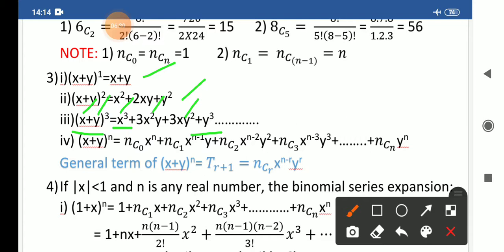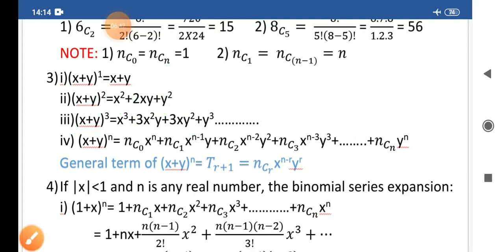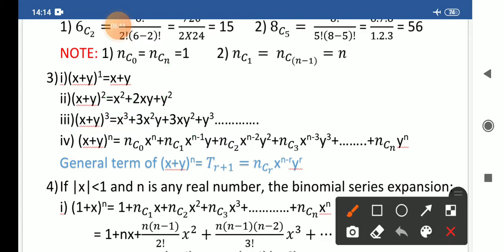What do you say about the power of y? Here there is y power 0, y power 1, y square, y cube. That means the power of y is increasing. But in each term, the sum of the powers of x and y is equal to the index. Here in x square y, the y means y power 1.